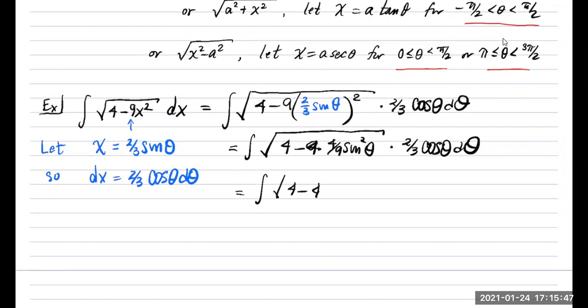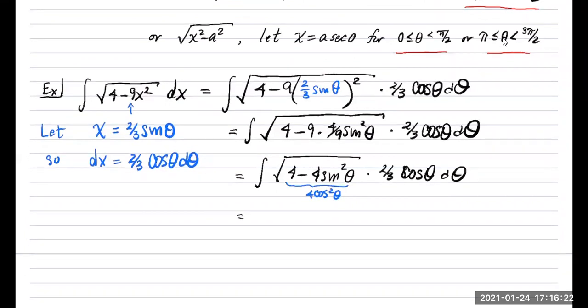Oops, that was a 9, wasn't it? Sorry about that. And then notice that right here, all of this becomes 4 cosine squared. And when we take the principal square root of that, with the assumption that the angle is in either quadrant 1 or 4, then we can simplify and get the following.